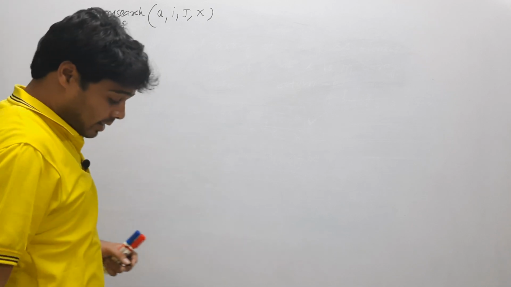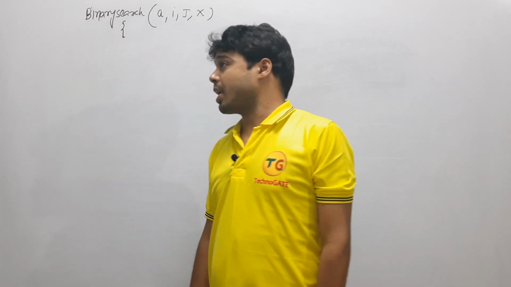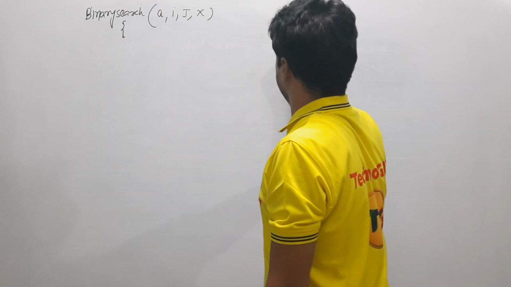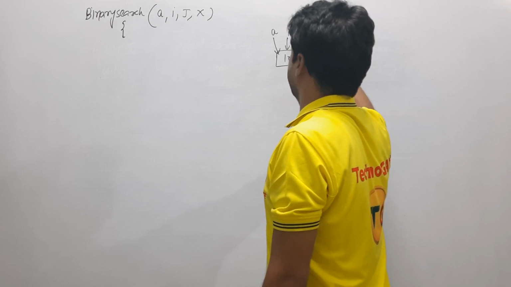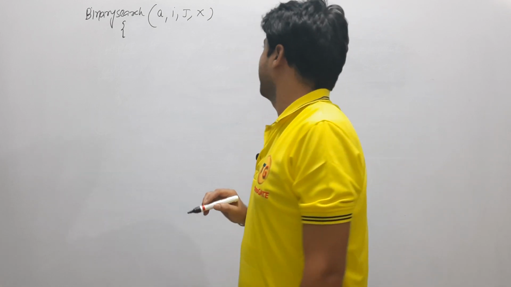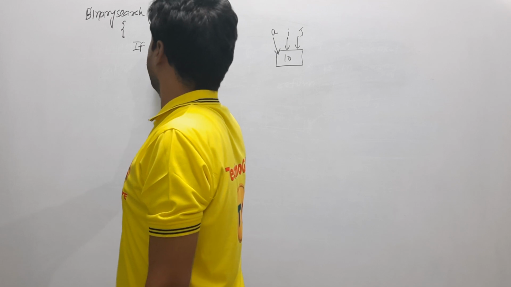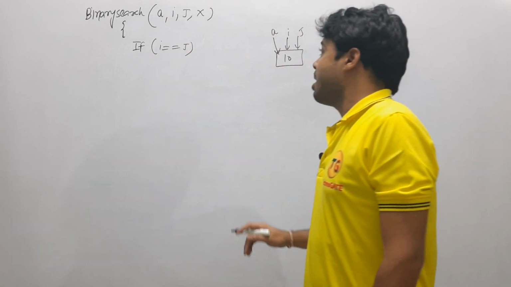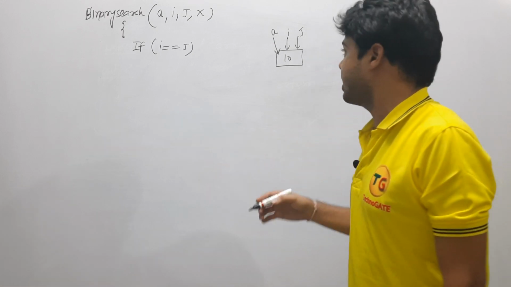Suppose there is only one element, say only 10 is there. The starting index and last index point to the same element, so i equals j. Is the element present the desired element or not?